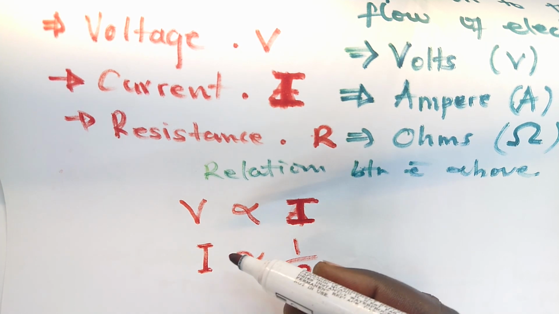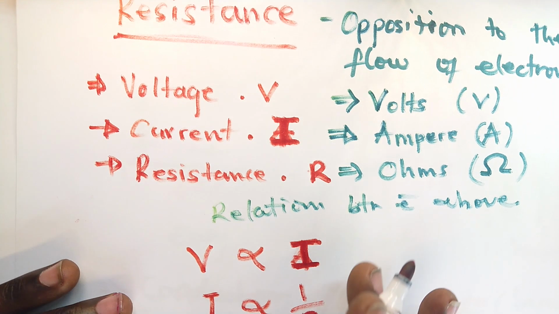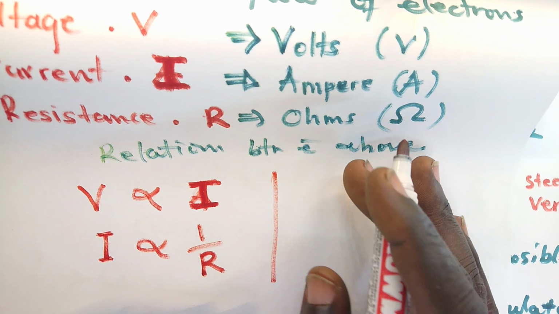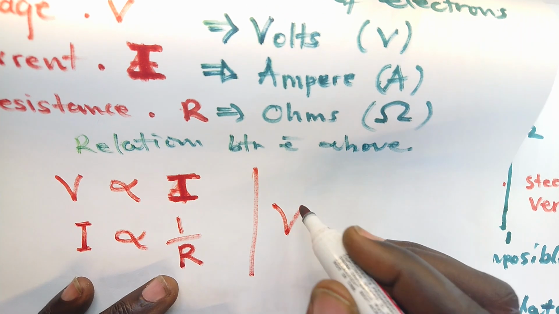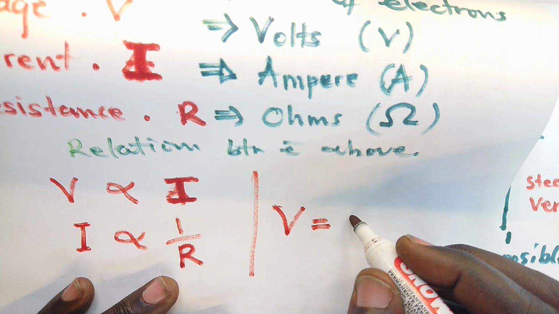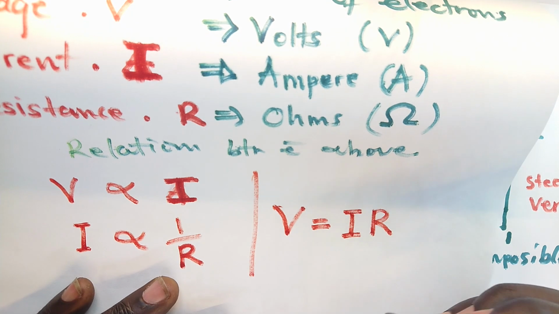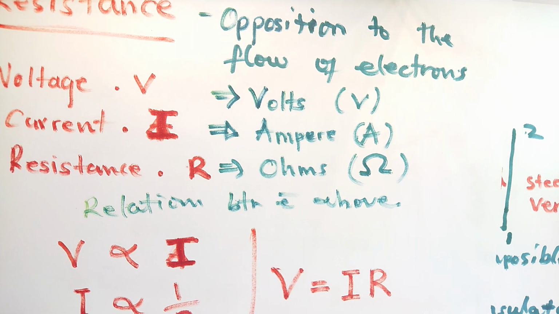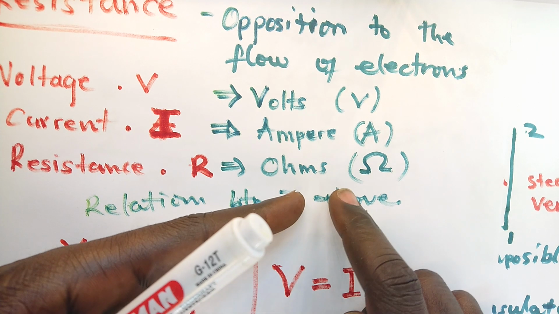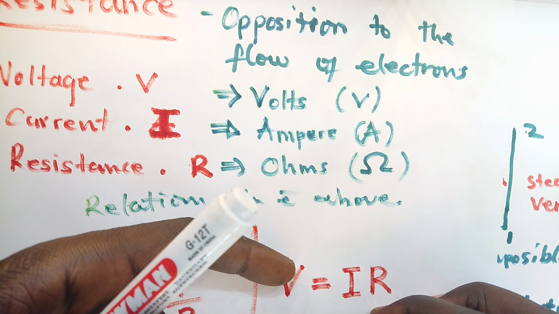And if the current flowing is higher, that means the resistance is lower. Anyway, I hope I haven't confused you, but what I'm driving at is that eventually when you manipulate that relationship, we have voltage equal to current multiplied by resistance. So that means if this rises and that rises, to keep this constant, this has to come down.